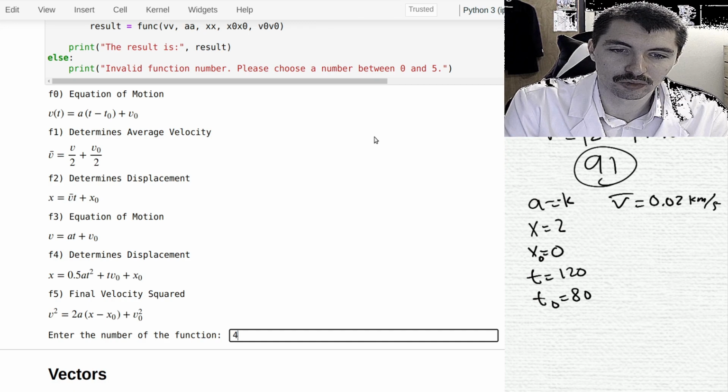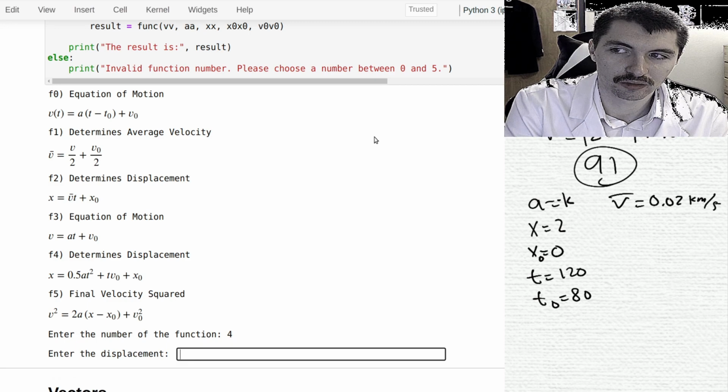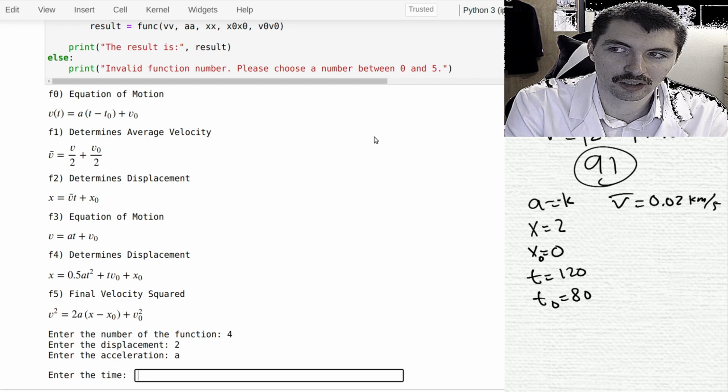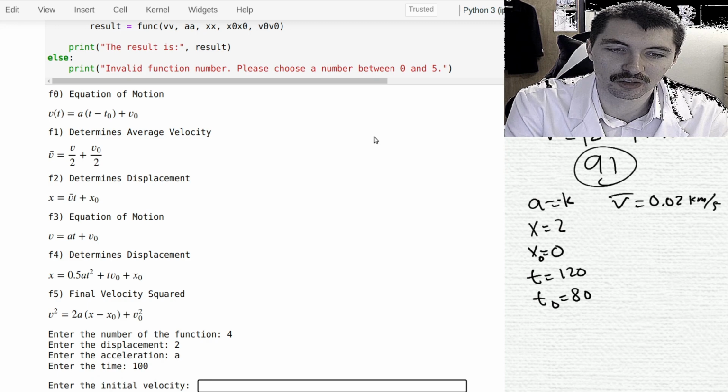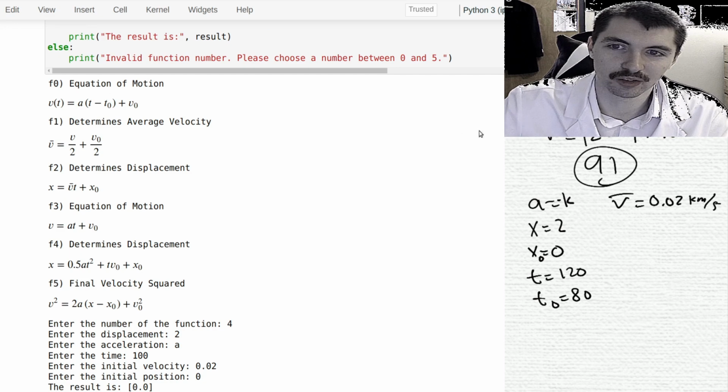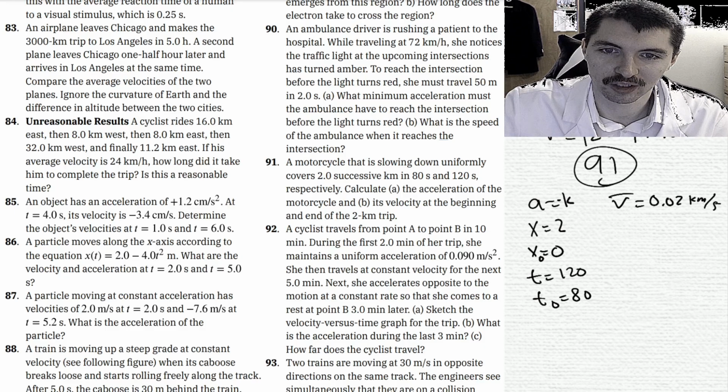Let's try equation 4. 2 kilometers. Time is 100 seconds on average. 0.02 kilometers per second. Initial position is 0. Acceleration is 0. Okay, so I feel pretty lost.